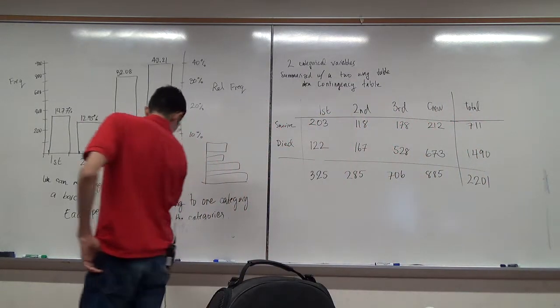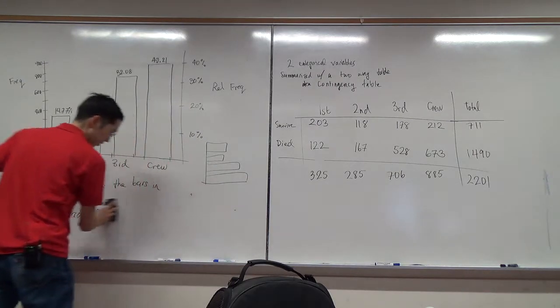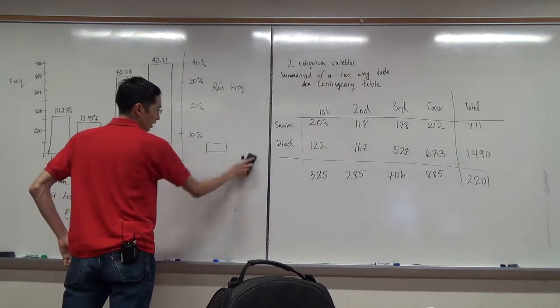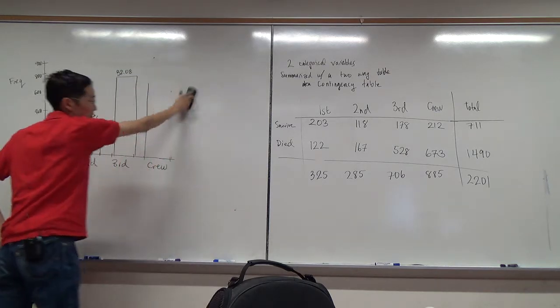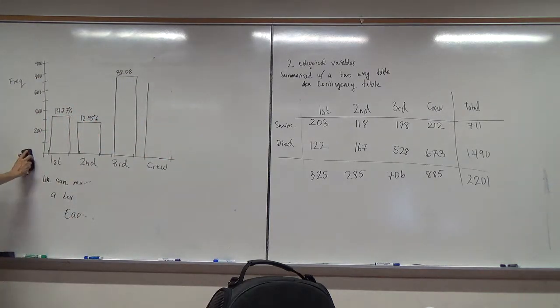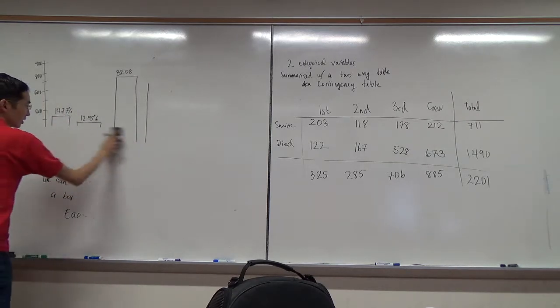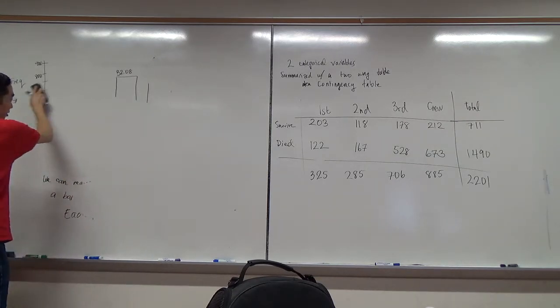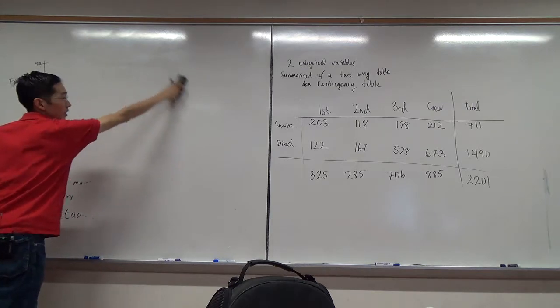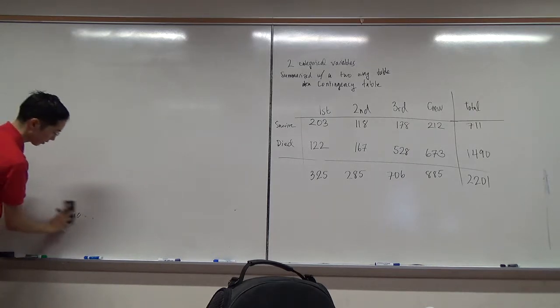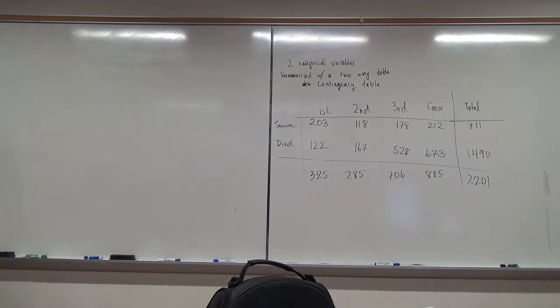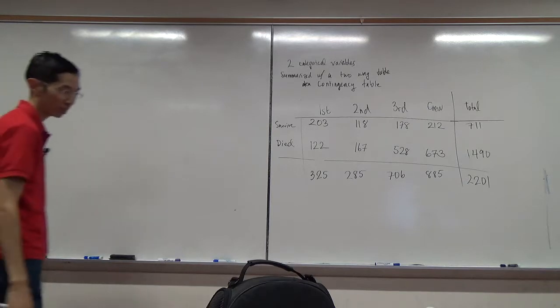And so this answers questions such as, how many first-class passengers survived? Your answer would be 203 first-class passengers survived, 122 first-class passengers died, 178 third-class passengers survived, whereas 528 third-class passengers died.